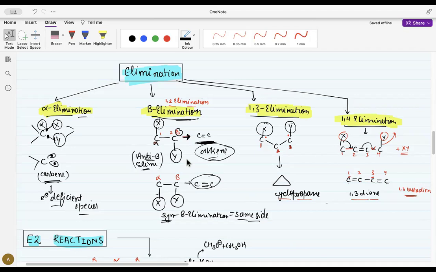Written? Write yes or no in the chat box. Write yes or no in the chat box, beta.